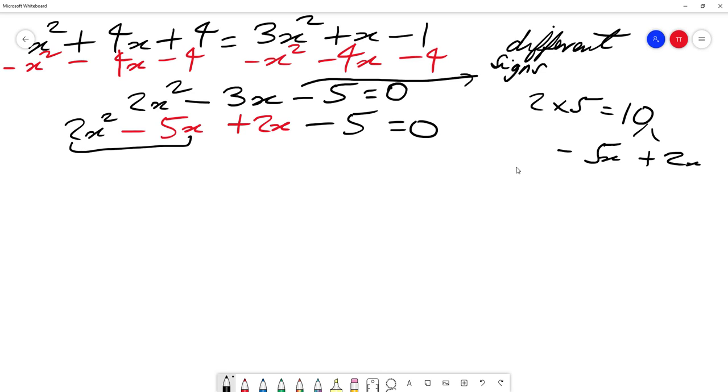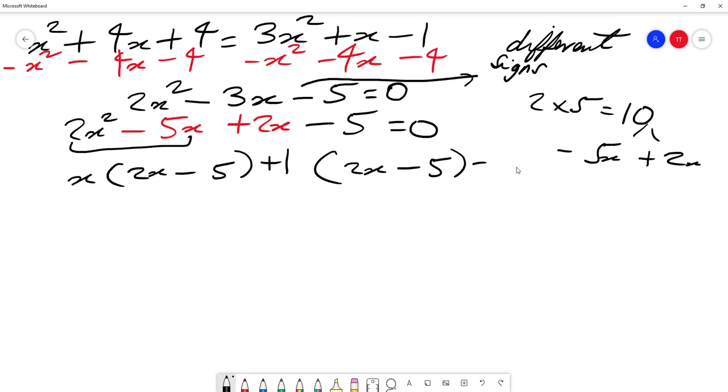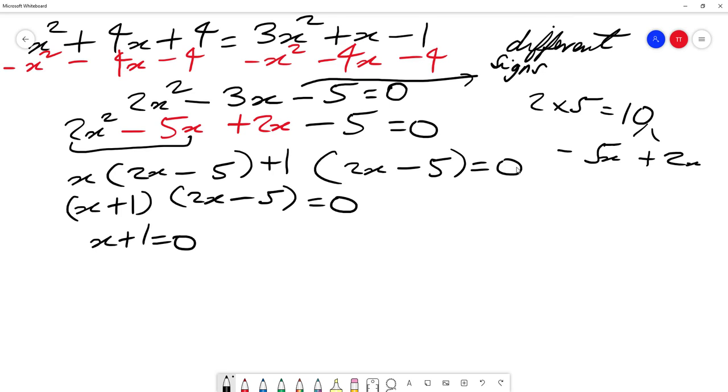Take x out common. So we get x(2x minus 5). Then we get a (2x minus 5). What times 2x gives me plus 2x? We will get plus 1. That equals 0. (x plus 1)(2x minus 5) equals 0. Then we say x plus 1 equals 0, or 2x minus 5 equals 0.